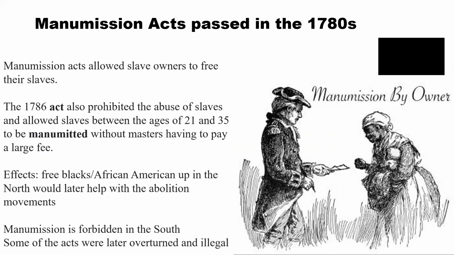This is important because it created a population of free African Americans up in the North, and this will later help with the abolition movements. These actions were often forbidden in the South, and some of the acts that were legal in the North in the 1780s were later overturned and made illegal.